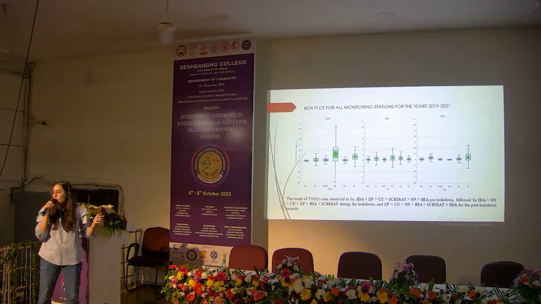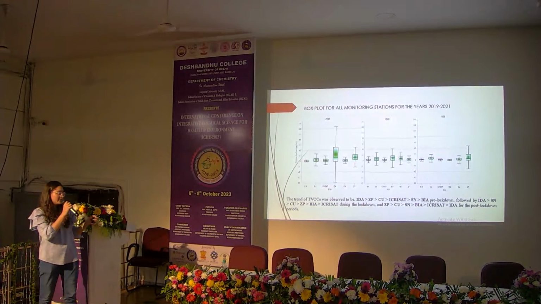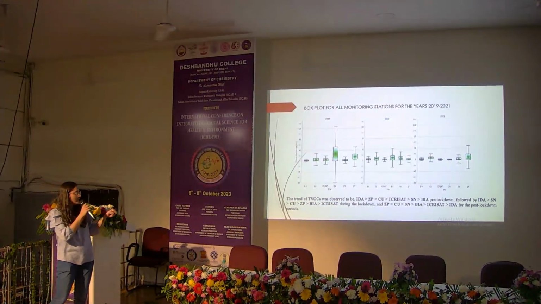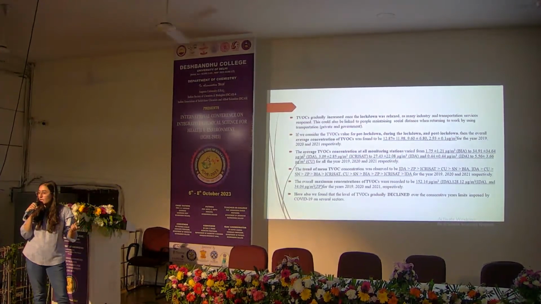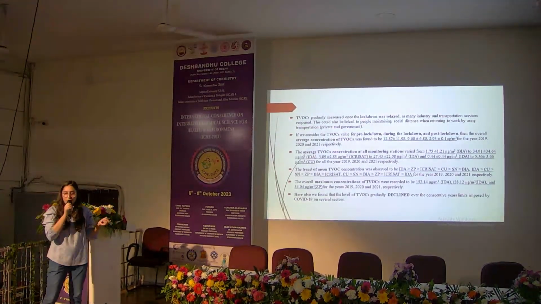Similarly, we have given box plots for all the monitoring stations considered during our study, and the same conclusion has been made. Similarly, the results of the pre-, during, and post-lockdown periods were found to be similar.